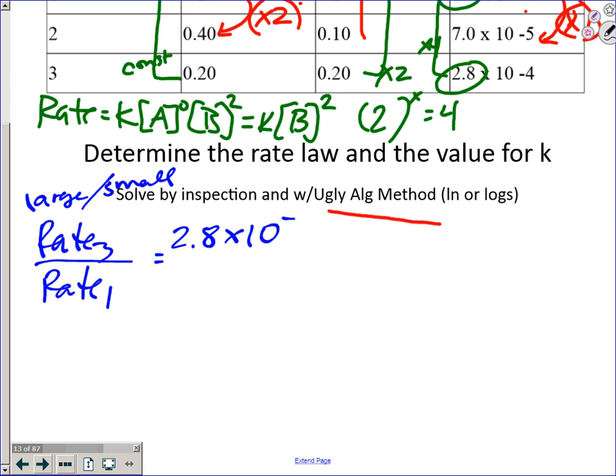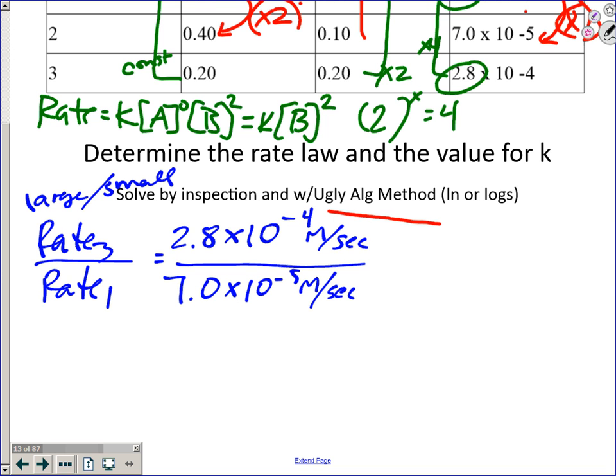10 to the negative fourth molar per second, right? That divided by rate 1, which was 7.0 times 10 to the negative fifth molar per second. Well, rate we already know is equal to this kind of jumbled coefficient, or K constant, and concentration. So I'm going to utilize that now.